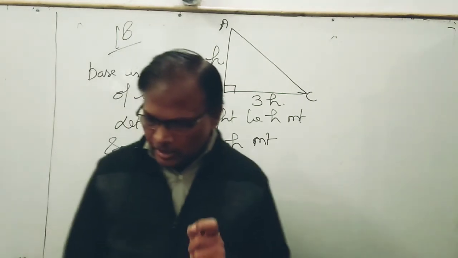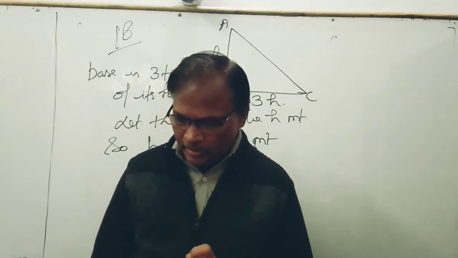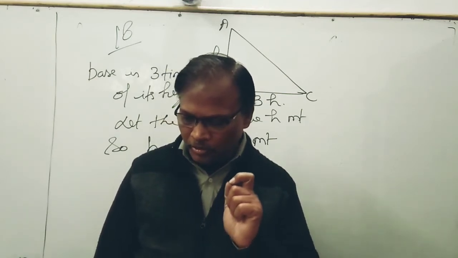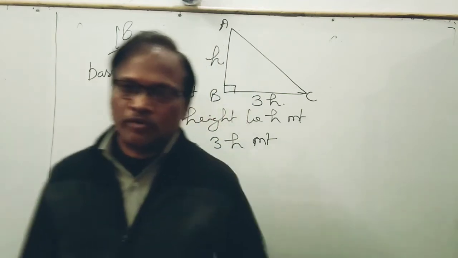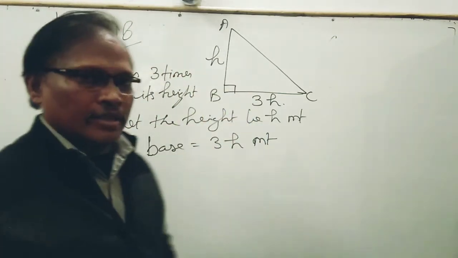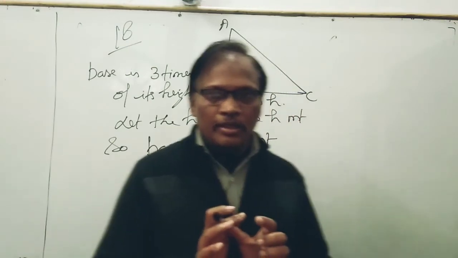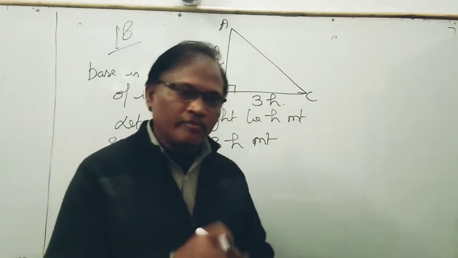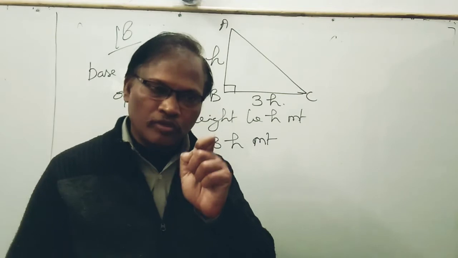And the cost of cultivating the field is at the rate of ₹25 per 100 meter square. मतलब जो फील्ड है इसको कल्टीवेट करने के लिए 100 मीटर स्क्वायर जब कल्टीवेट होता है तो उसकी कॉस्ट है ₹25.